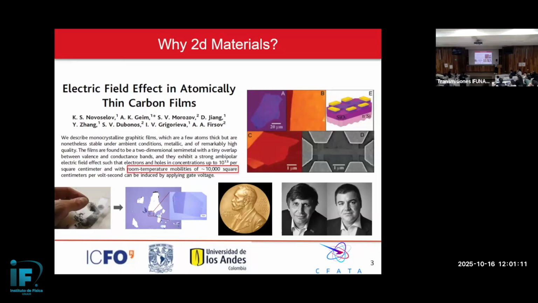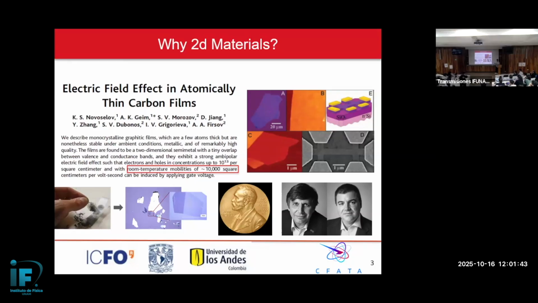And they demonstrated that this single layer was stable at room temperature, but also displayed very uncommon properties such as really high carrier mobilities at room temperature. For this discovery, they received the Nobel Prize in 2010. So this is something that you already knew, right?